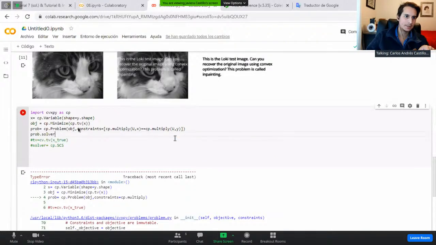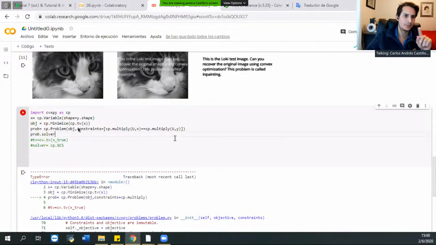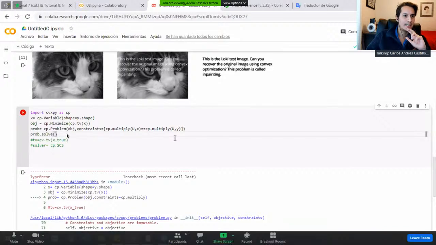And parentheses? No, just solve. Solve, parentheses. And now you define the solver. And the solver is equal to cp.SCS.